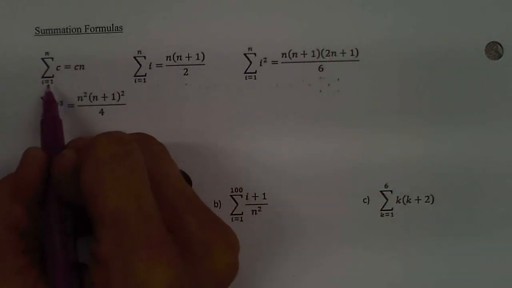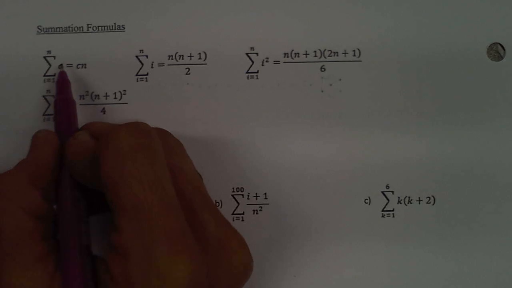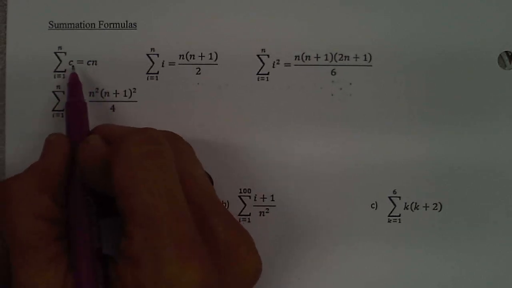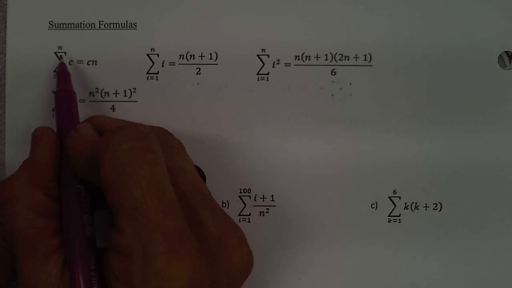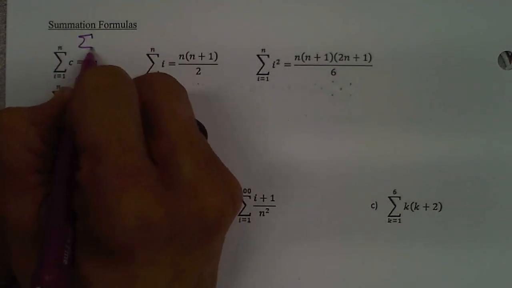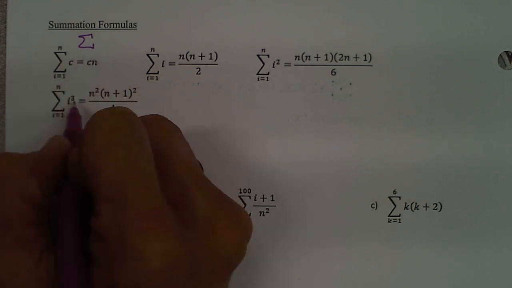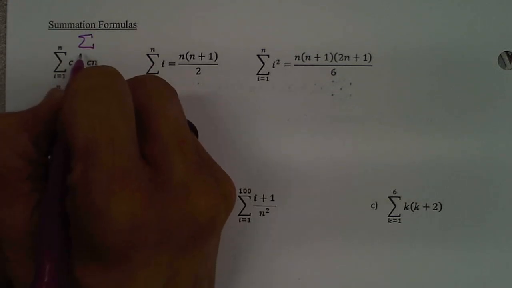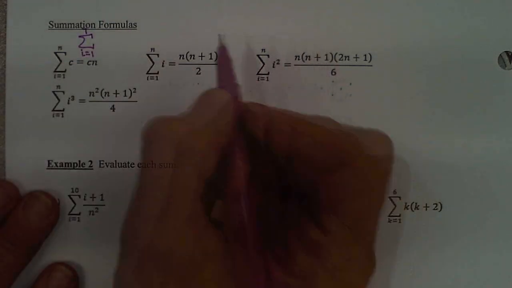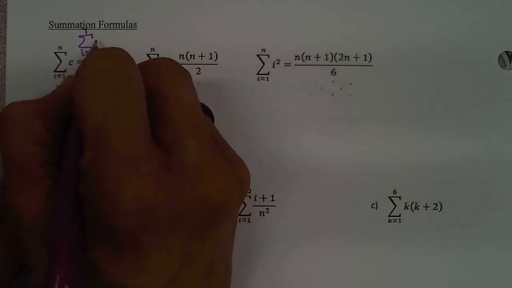All right, so this first one is the summation from 1 to n of a constant. What that is going to end up being is just whatever that constant is times the upper limit. So an example of this, and this is what I wanted to put underneath it, but we can't for this one because that's underneath, would be like the summation from i equals 1, we'll just say to 7, of 5.